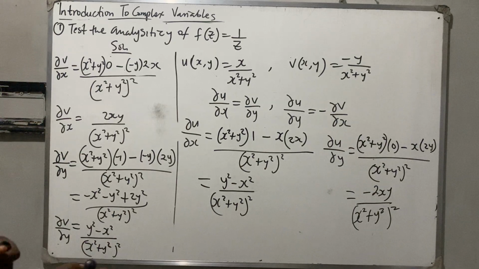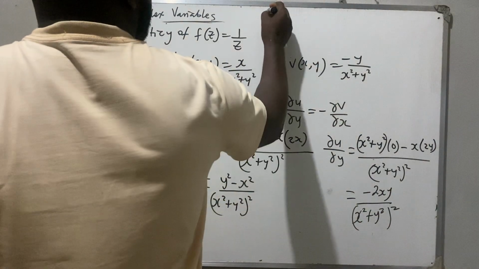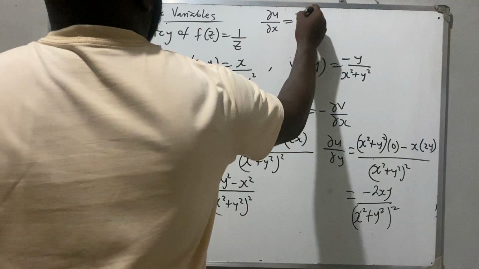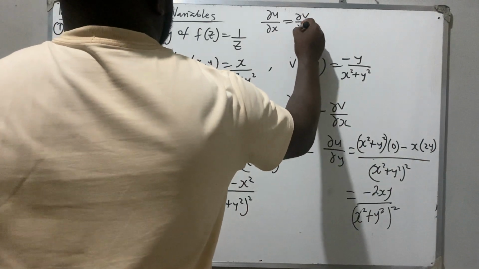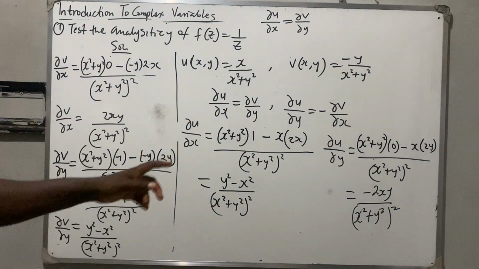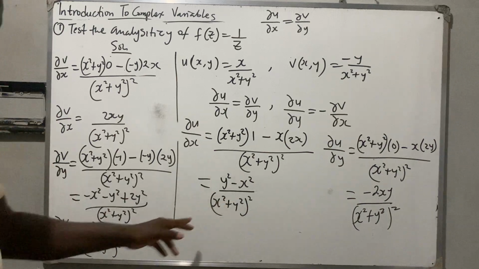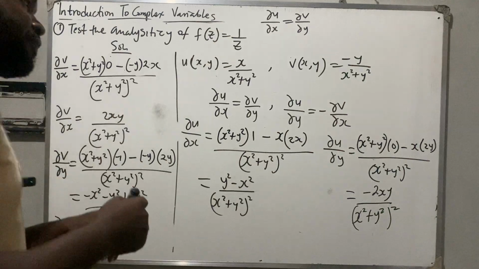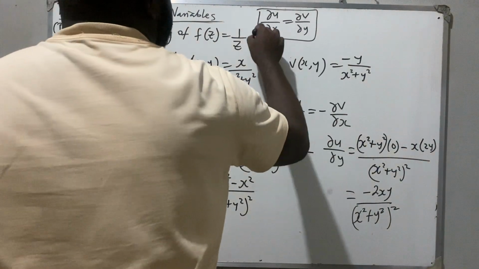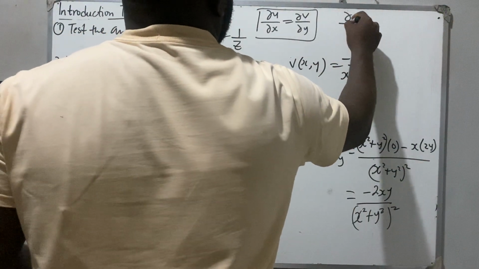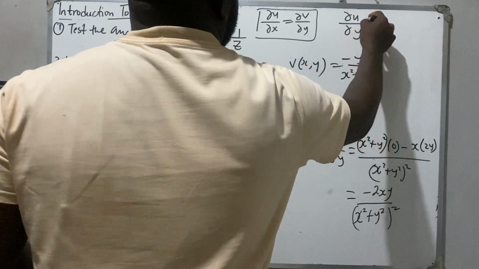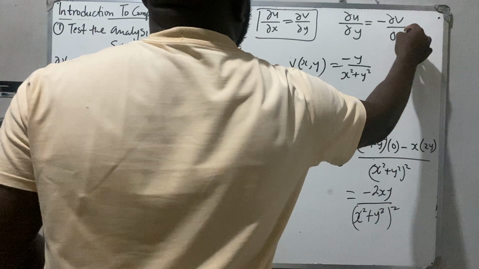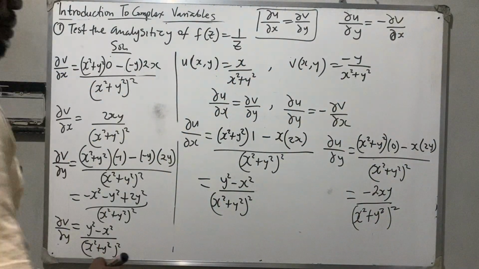What we want to check is if partial u partial x is equal to partial v partial y. Partial u partial x gave us this. Partial v partial y gave us the same thing. So it has satisfied the first one. So we check for the second one. Partial u partial y will be equal to the negative of partial v partial x. So it means that there will be the same thing, the only problem is the negative.